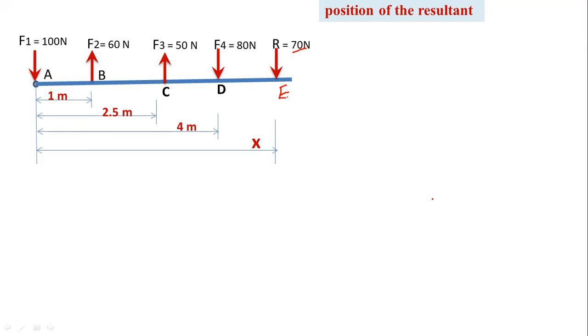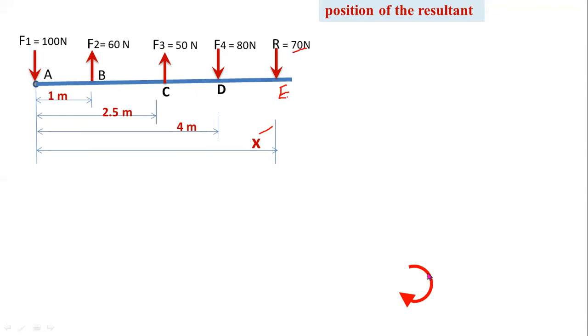So from this diagram, you have to find the value of x, that is the position of the resultant. That is very important for this problem. For determining the position of the resultant, first you have to find the moments of all forces. Already we know the formula for moments.